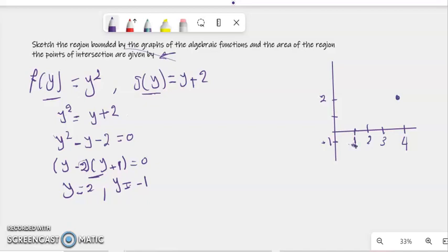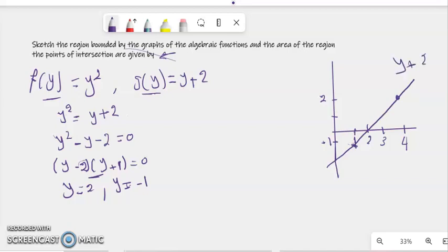And then we're going to graph the first function, which is y plus 2.